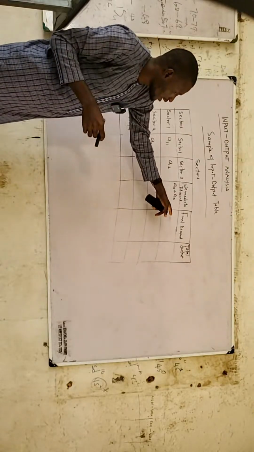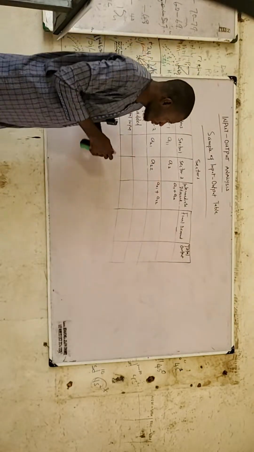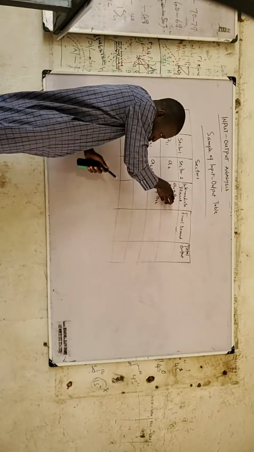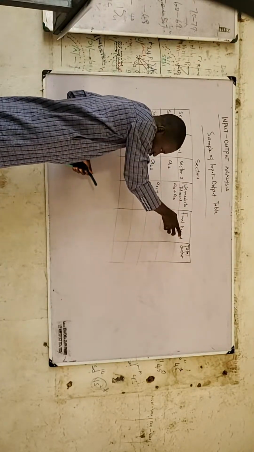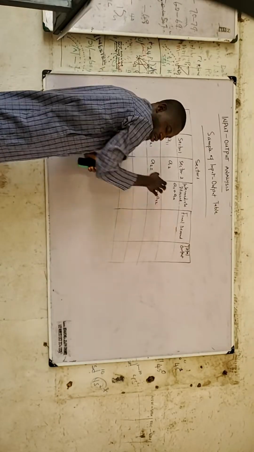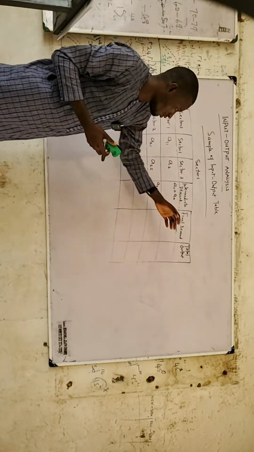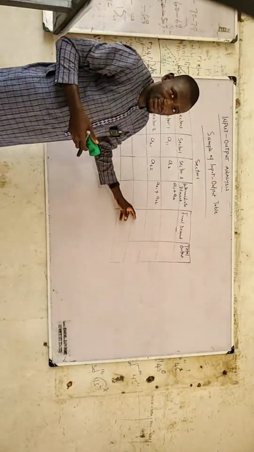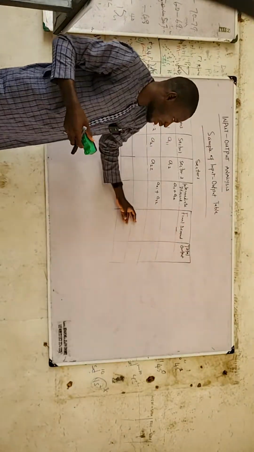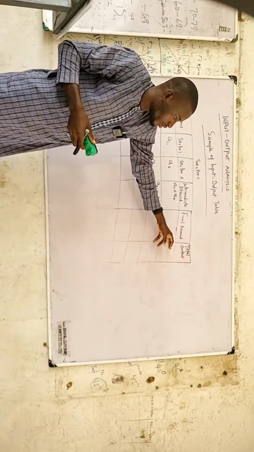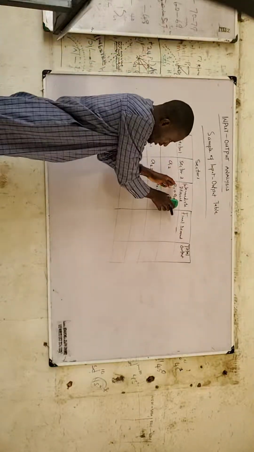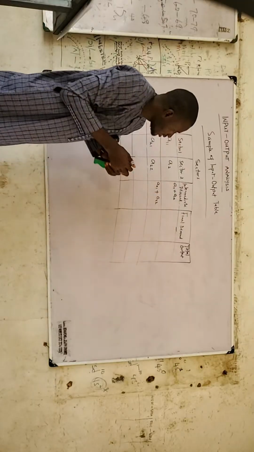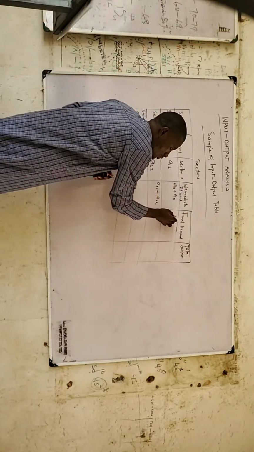Now, the final demand here, when you subtract the intermediate demand from the total output, what you have is the final demand. So in a question, you may either be given the total output or the final demand. Because when you have the final demand, you can get the total output. Because the total output now is the sum of the intermediate demand and the final demand.